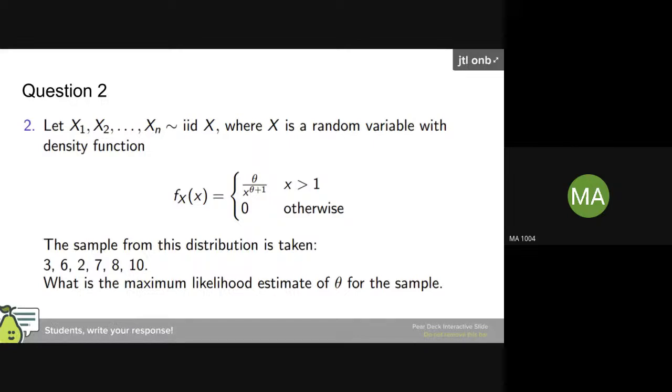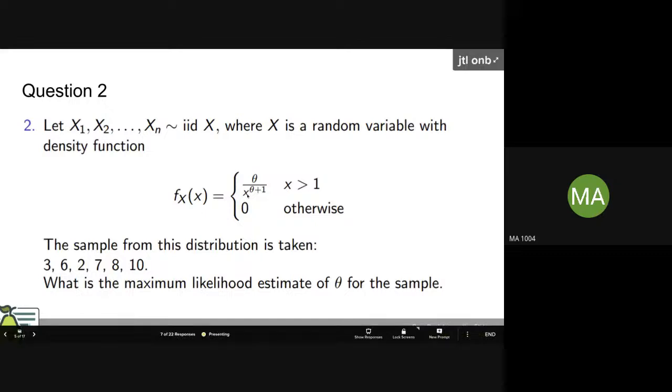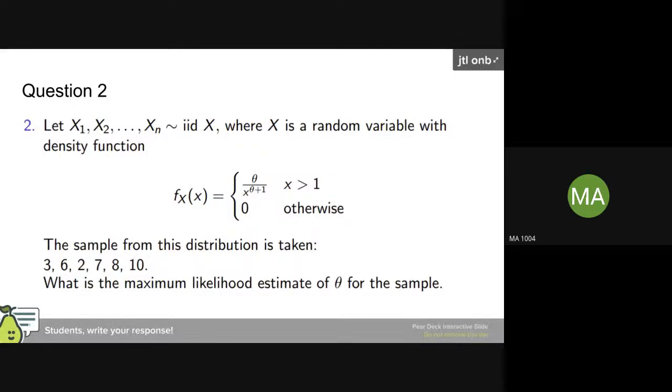Write down the likelihood function in terms of theta. Here you have small x as well as theta, but you can substitute 3, 6, 2, 7, 8, 10 within the likelihood function, and you will only have your likelihood function in terms of theta. Then differentiate it and equate it to 0. You will get the estimator value.